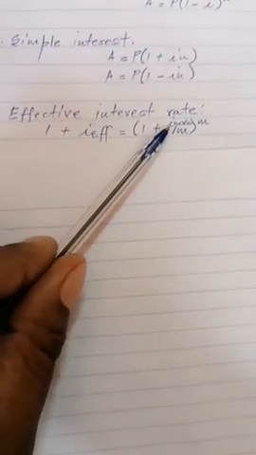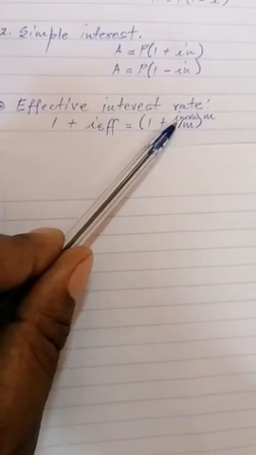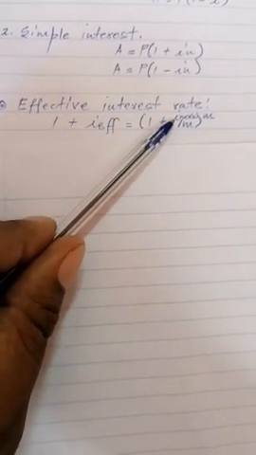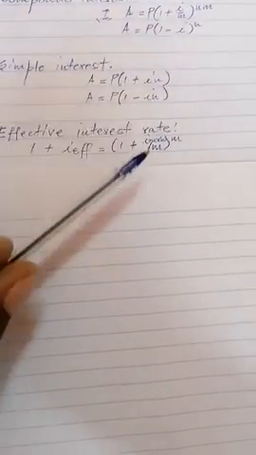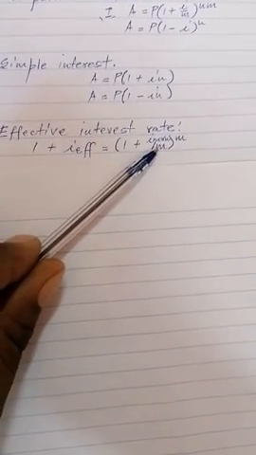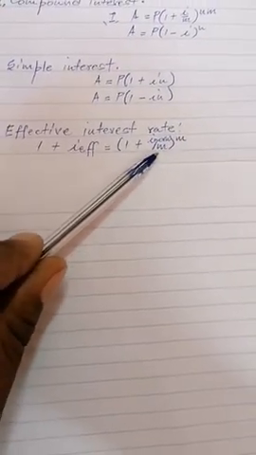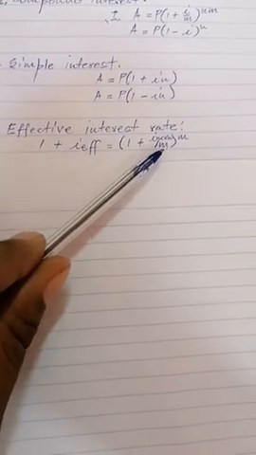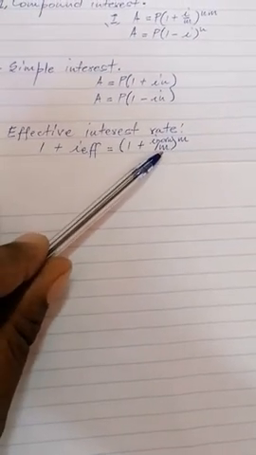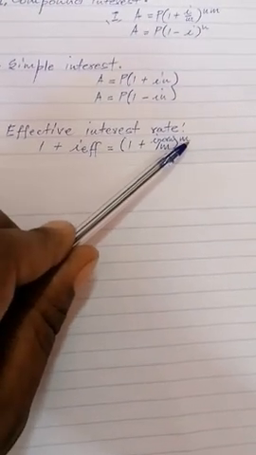there is your nominal interest rate, which was quoted to you. It is still the same as that m there and that m there: the number of times in which interest is compounded per annum. If it is compounded monthly, it would be 12. If it is compounded quarterly, it would be 4.